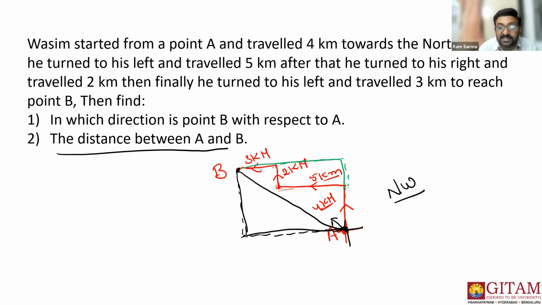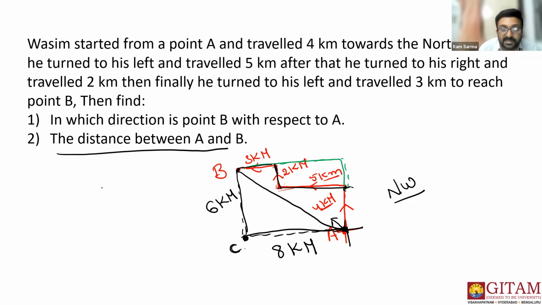Now, how should we find this? As this is a right angle triangle, we have to find the length of this line now. As this is 3 and this is 5, the length of this line will be, let me consider this point as C. Now the length of AC will be 8 kilometers. The length of BC will be 4 plus, as this is 2, 6 kilometers.